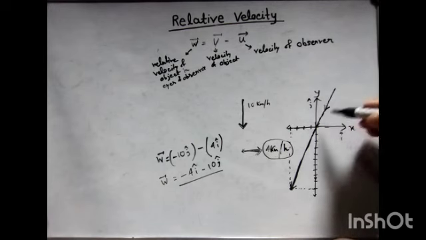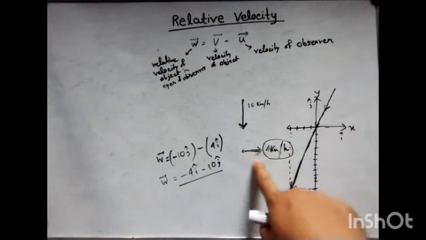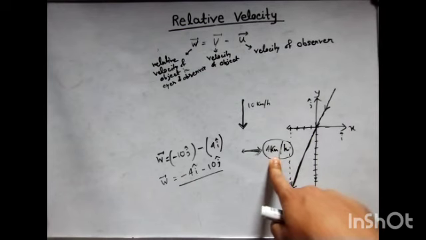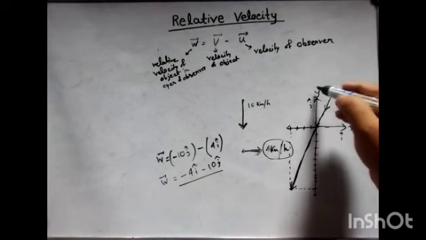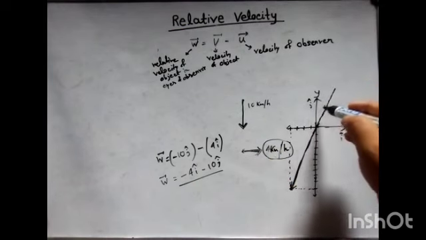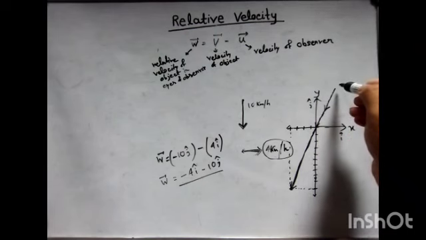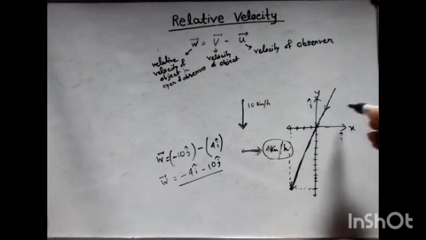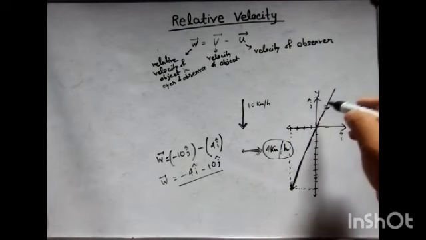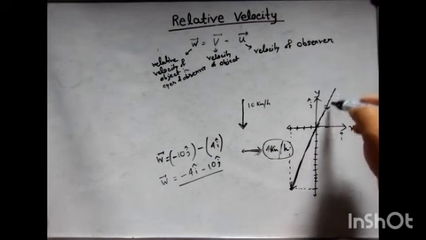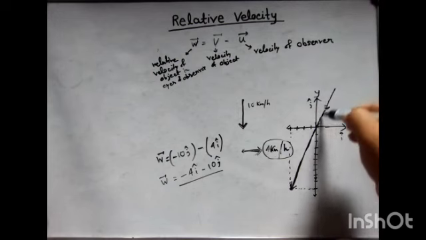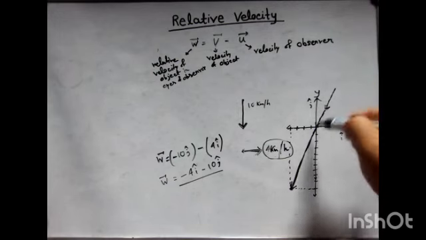Okay, so this man who is moving towards east with 4 kilometer per hour speed will see rain is not falling vertically downwards, but the rain is falling at an angle. Okay, and we have to find what will be the angle of the falling rain.